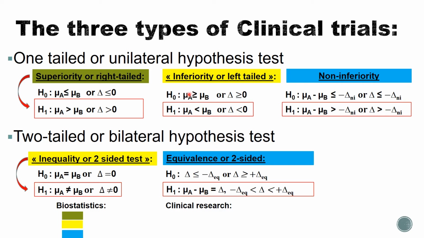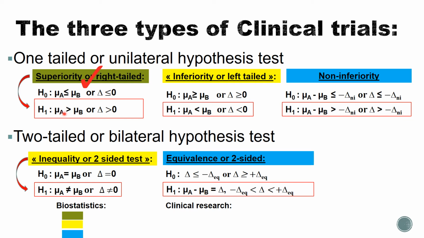Definitely not. Why waste your time making a new drug that would be performing worse than the existing treatment? So definitely we would prefer a superiority trial to say the new drug is better than the existing treatment.